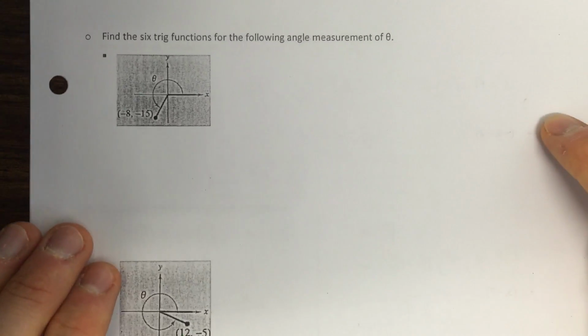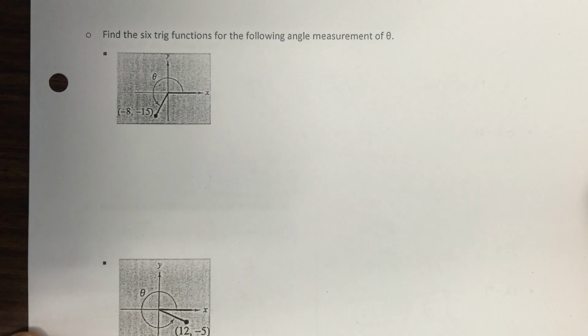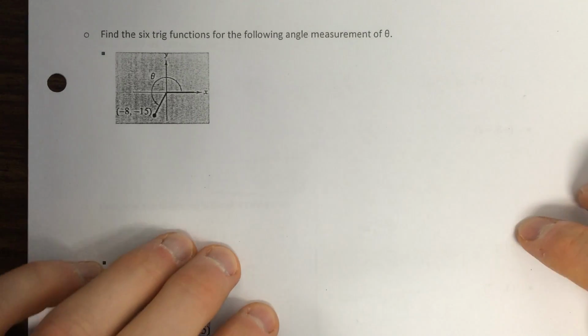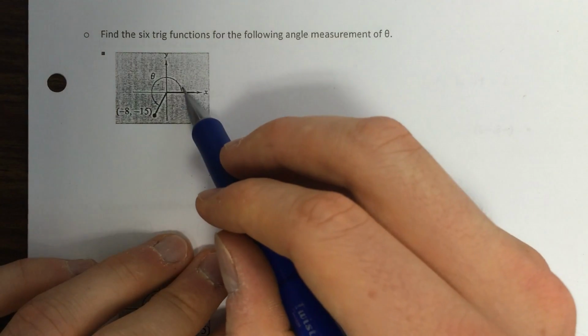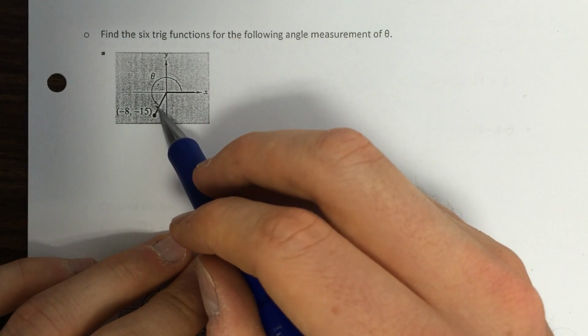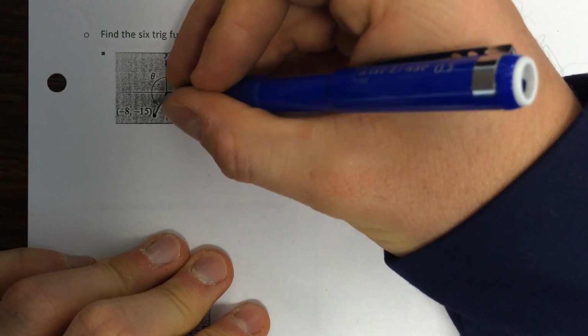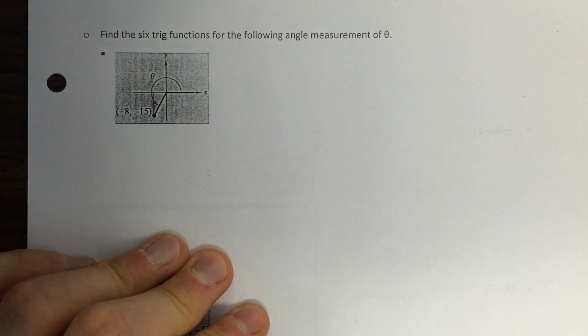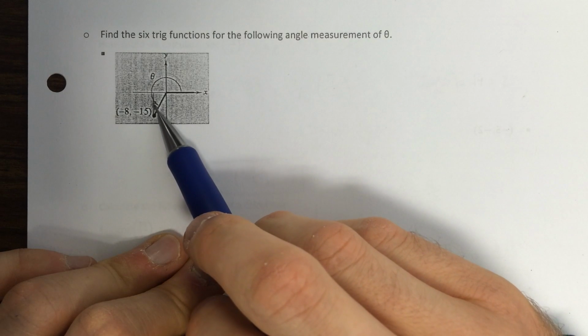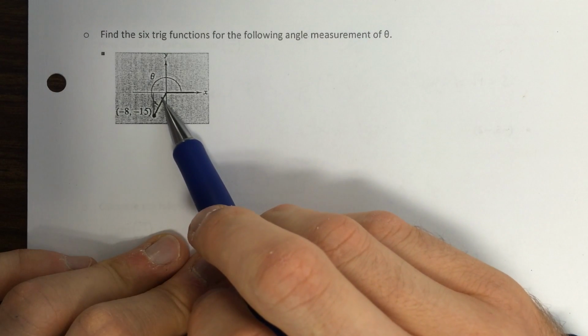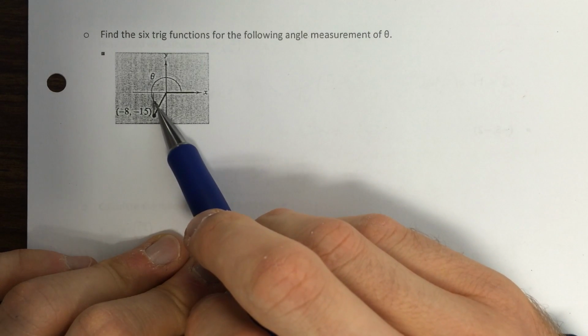One more. I'm just going to get you started on this one, and then I think the other two would be similar. We can notice here that this angle theta goes all the way around this time to the third quadrant. But if we draw our triangle, we only get part of theta here, not all of theta.